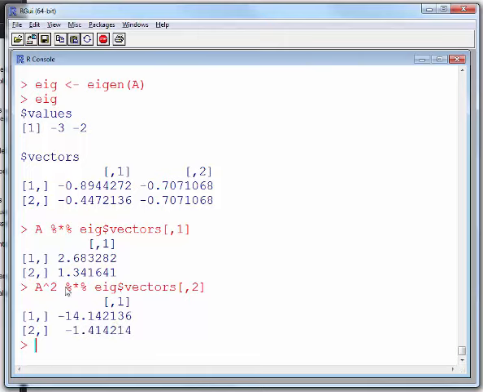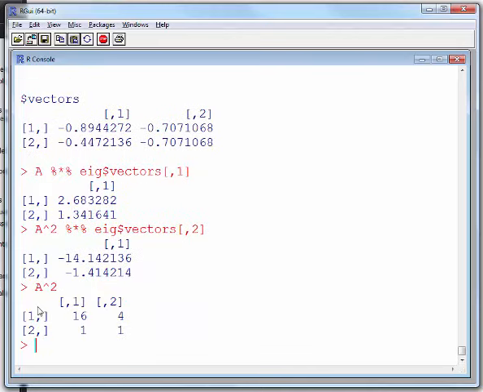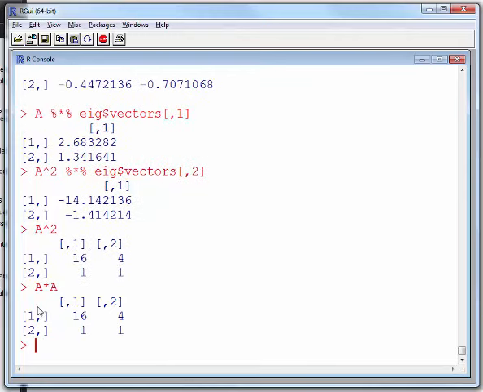What happened there? Here's the problem. It's right here. Got A raised to the power of 2. A raised to the power of 2 looks like this, which is actually A times A this way. It's doing element-wise multiplication. It's not the same as regular matrix multiplication.